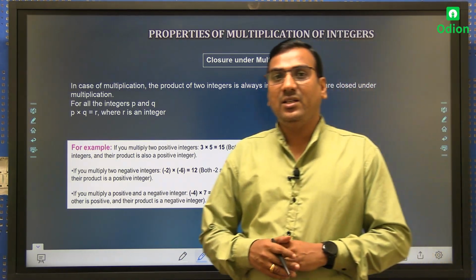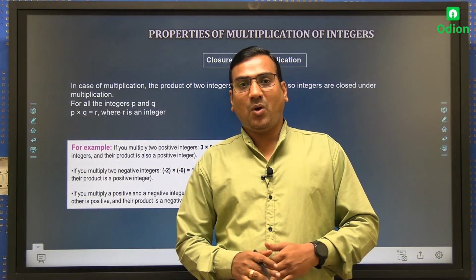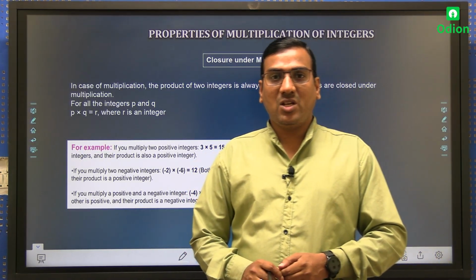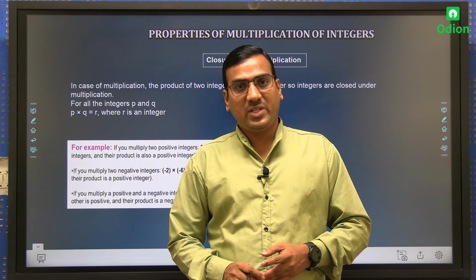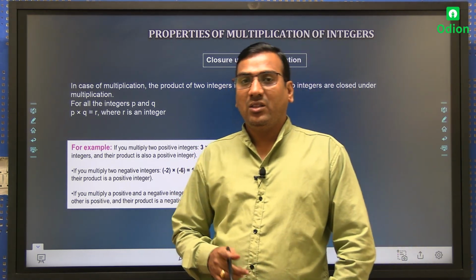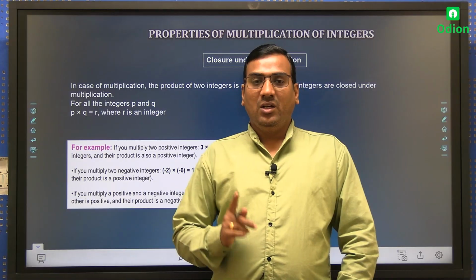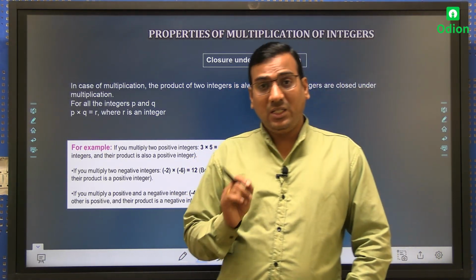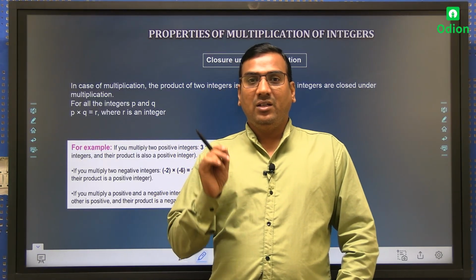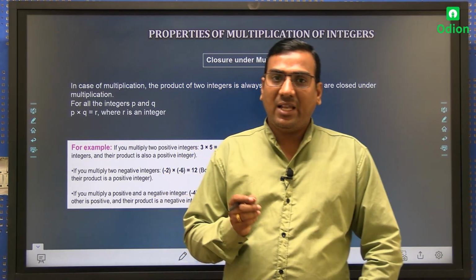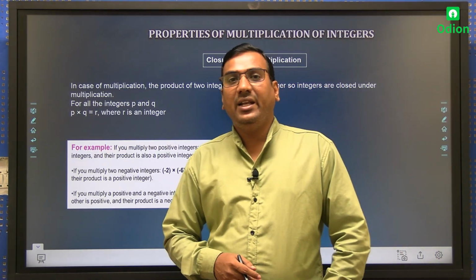Okay students, now we have to discuss all the properties of multiplication. Already we have discussed all the properties of addition and subtraction. Then go for the properties of multiplication. The first property is the closure property. What does it mean? If we multiply any integers, whether negative or positive, the answer is always an integer.